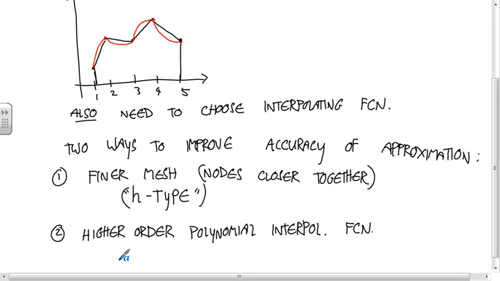That's called p-type for polynomial. And a lot of software packages use the p-type. The one that we're using, Creo, uses this p-type. There's no reason one is better than the other one. They're just sort of two different approaches.